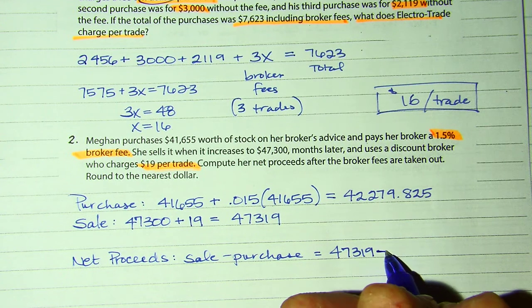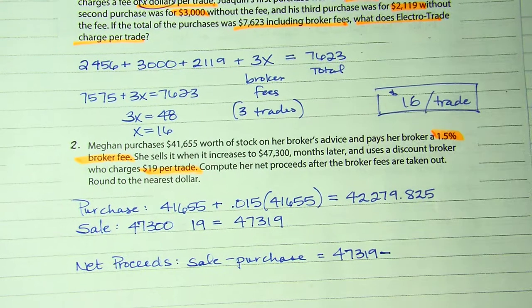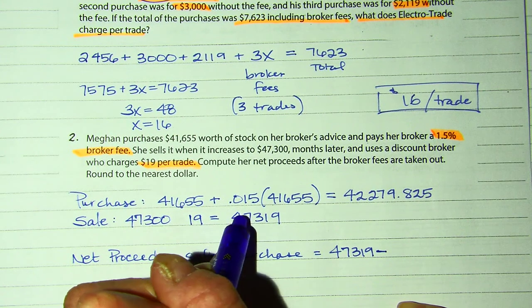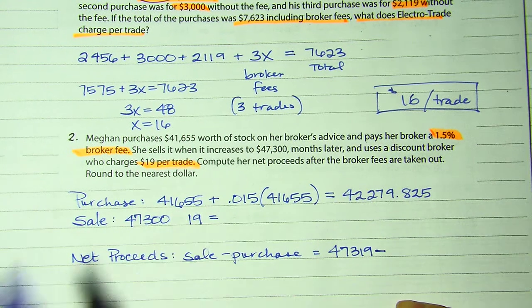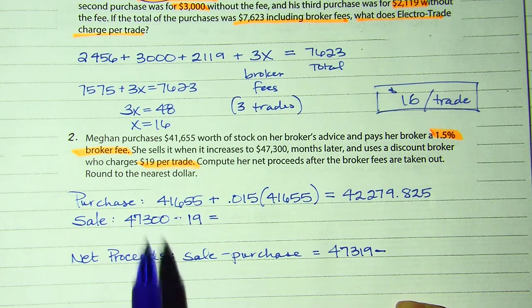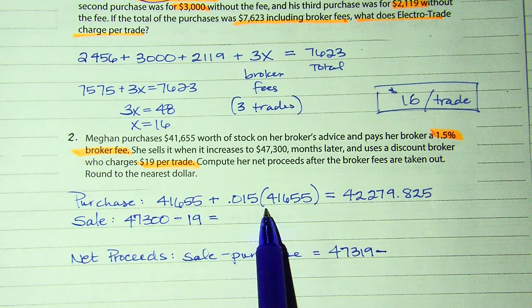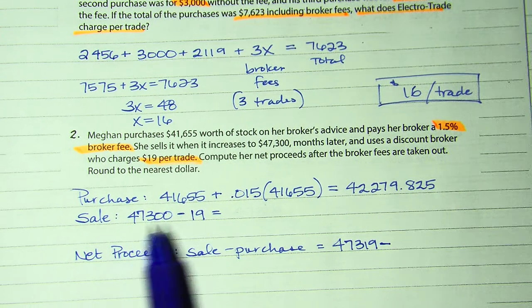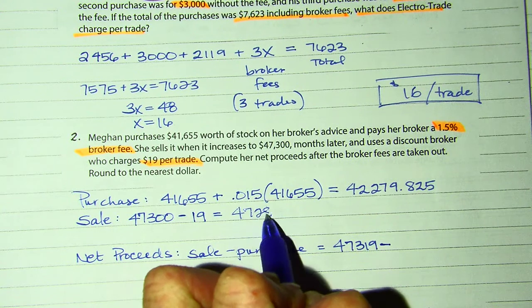This should have been to subtract. Sorry. When she purchased it, she paid this much plus her broker's fee. When she sold it for this amount, she has to subtract her broker's fee, which is $47,281.